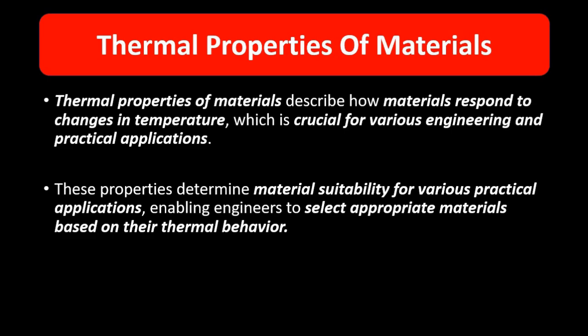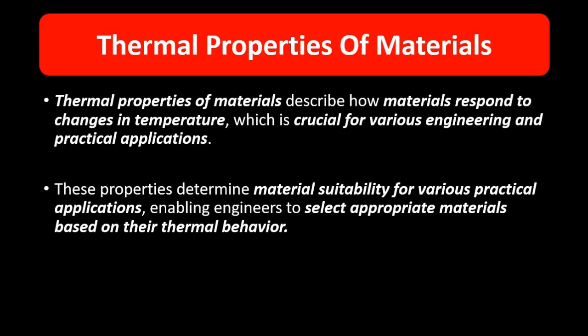For example, a very basic example: let's say you are building a furnace. Obviously it has to tolerate extremely high temperatures, several thousand degrees Celsius. So you have to select appropriate materials accordingly. First you have to determine how high a temperature the furnace needs to withstand. Then a margin of safety is always given.